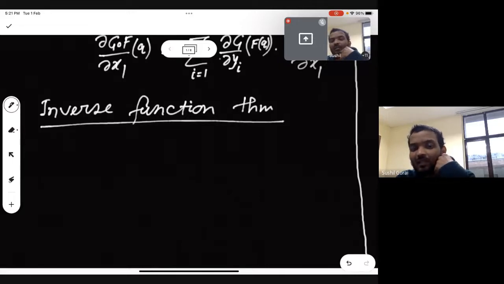Yeah, can anybody say the statement of the inverse function theorem from Rn to Rn? Yeah.